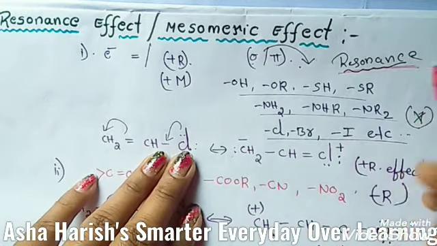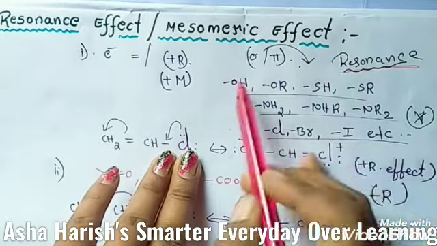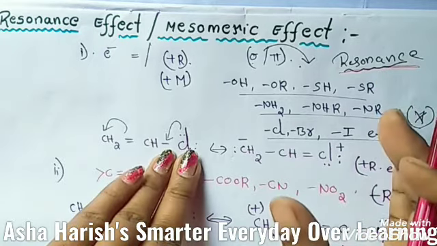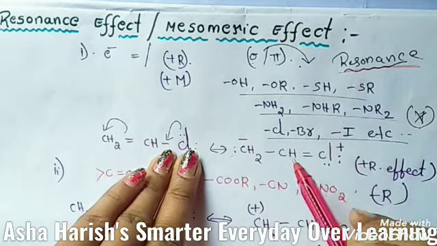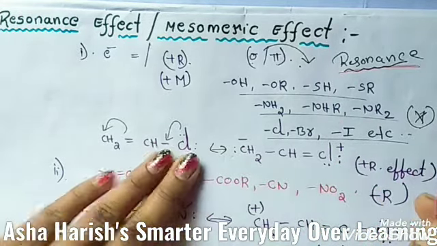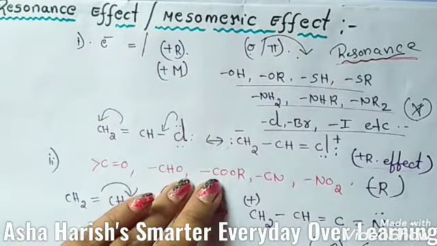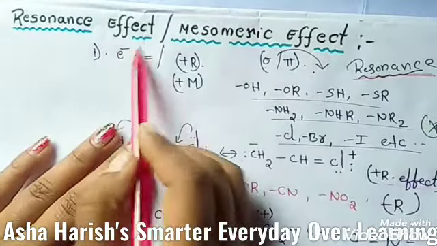The flow of electrons from one part of the conjugated system to another, creating centers of low and high electron density due to the phenomenon of resonance, is known as resonance effect or mesomeric effect. This is of two types, as I told you, plus R effect and minus R effect, or plus M or minus M.